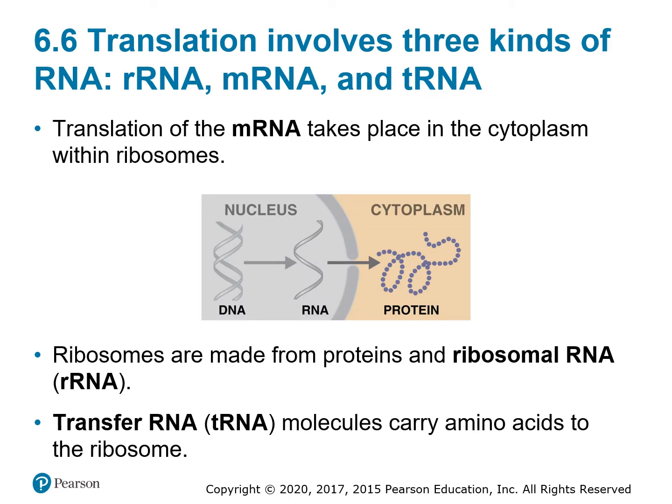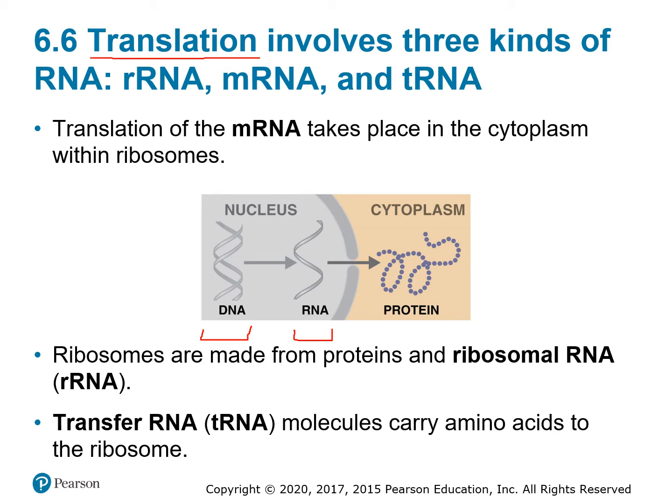So let's talk a little bit. We just finished talking about transcription. Remember, transcription is going from the DNA molecule to the RNA molecule. Now we're going to talk about translation.